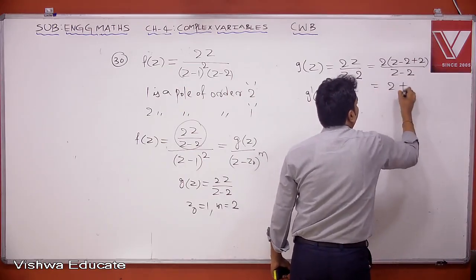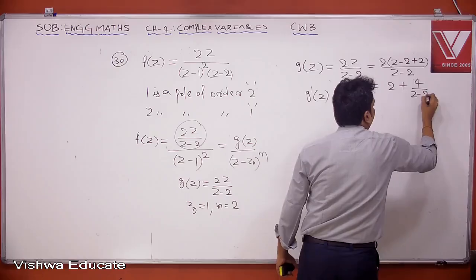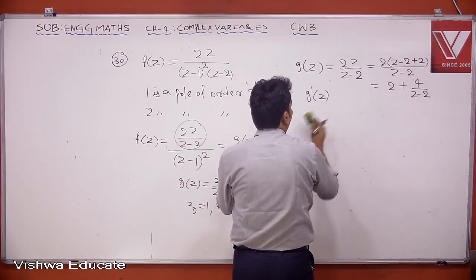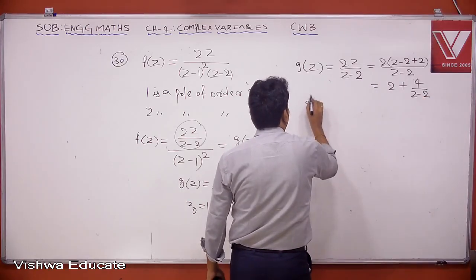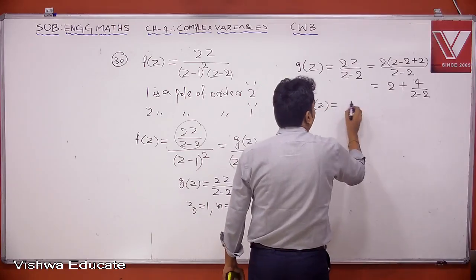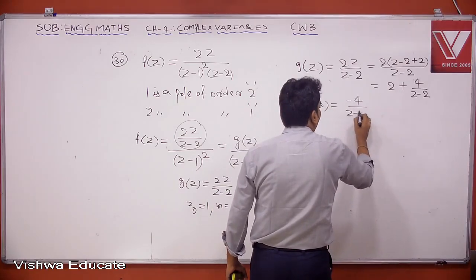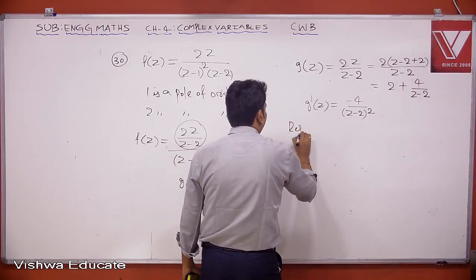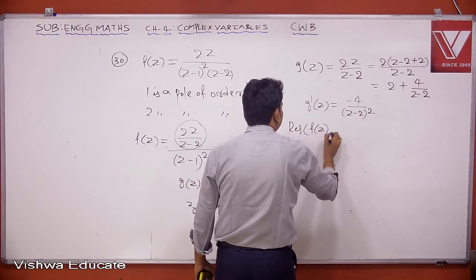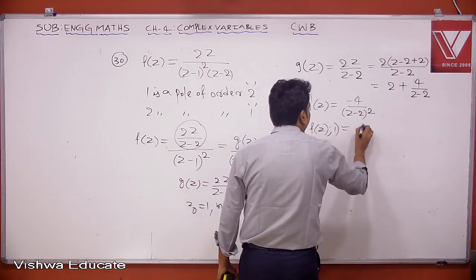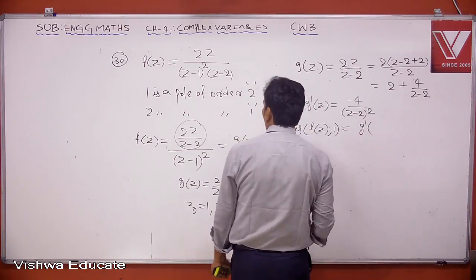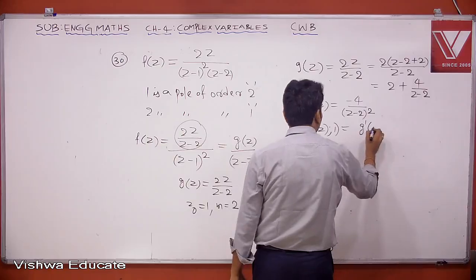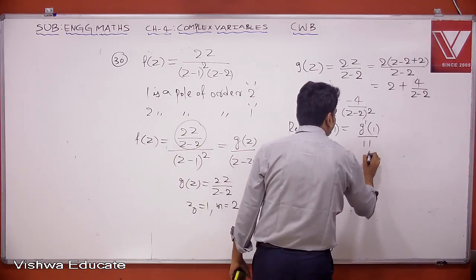So therefore this is 2 plus 4 divided by z minus 2. Therefore the derivative of this function is minus 4 by z minus 2 whole square. Therefore the residue of f of z at 1 is given by g dash of 1 divided by 1 factorial.